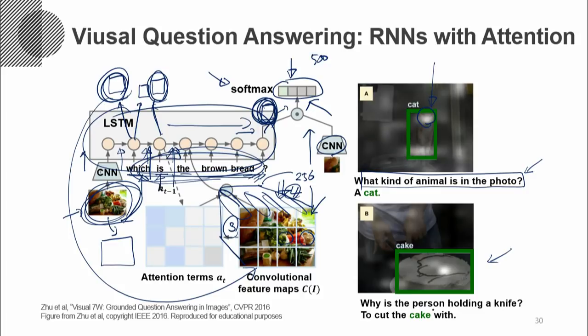Also, when generating this proper answer of the word cake, at the end of this RNN sequence, the output for this attention module will be focusing on this relevant part for our answer word.